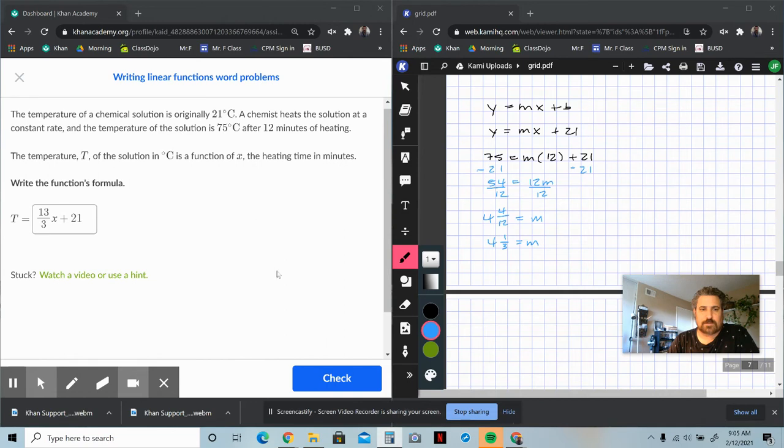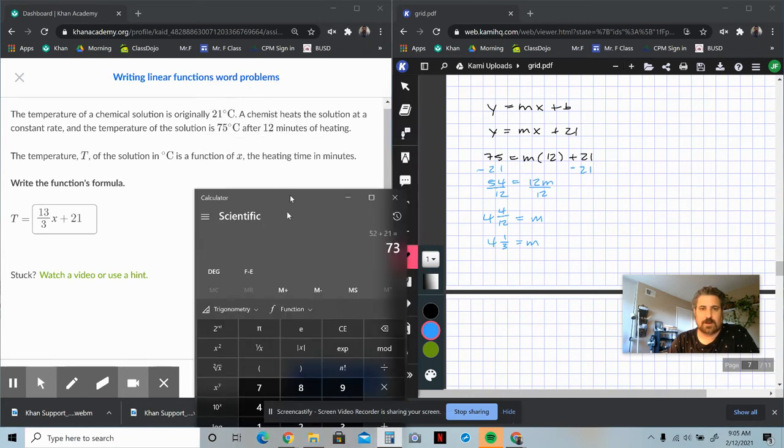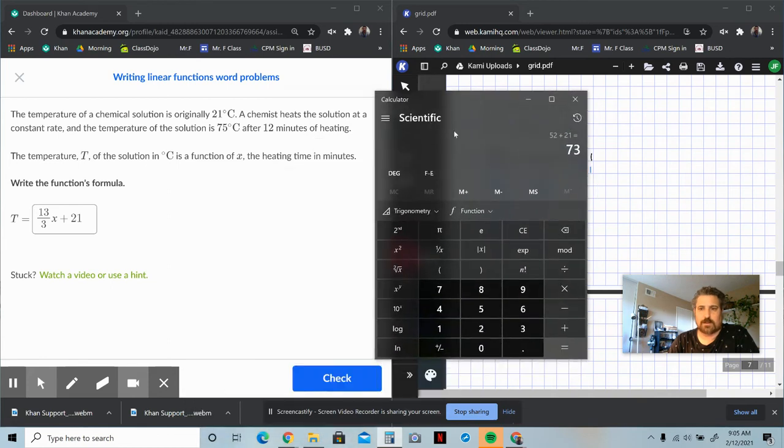So let's check it with a calculator before we hit enter. So after 12 minutes of heating, 13 times 12, 156 divided by 3, plus 21 should equal 73. Oh, 73. I made a mistake somewhere. Let's try that again.